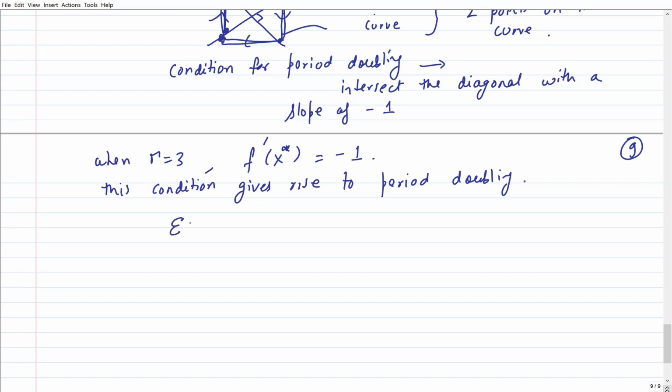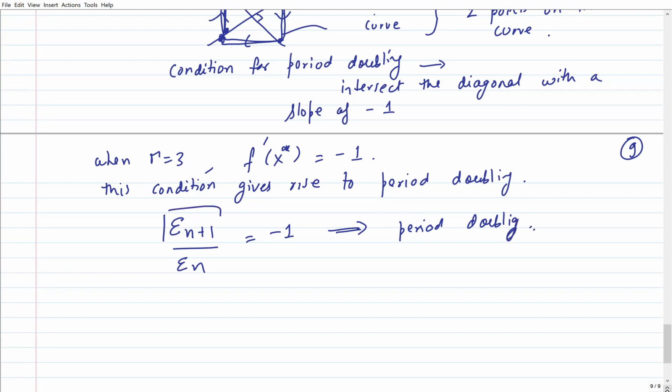So remember the errors we talked about, the error of the iterate versus the error of the previous iterate, that was -1, and that was the condition for period doubling, as we have shown.